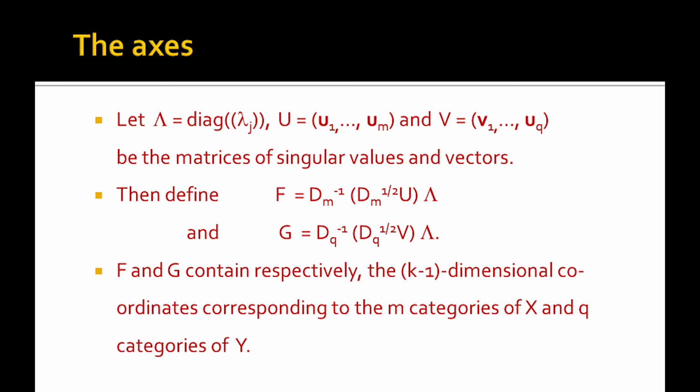Similarly for V, we have a matrix V, which is V1, V2, up to Vq. So these are the matrices of singular values and vectors. We then define F equal to Dm to the power minus half, Dm to the power half U into capital Lambda, and similarly we define G. Now what F and G contain respectively are the k minus 1 dimensional coordinates corresponding to the m categories of x and q categories of y.